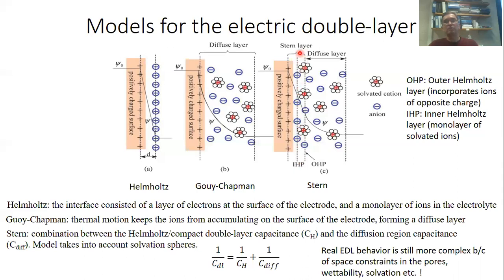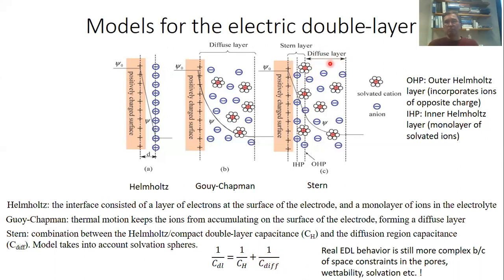So we have a so-called Stern layer here, but in addition to that, we also have a diffuse layer, so that the overall capacitance is given by 1 over the overall capacitance being equal to 1 over the capacitance of the Helmholtz layer plus 1 over the capacitance of the diffuse layer.